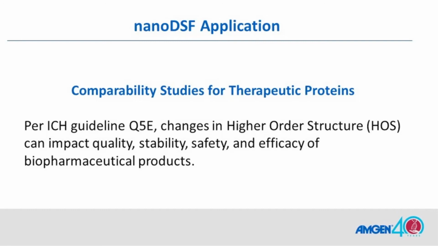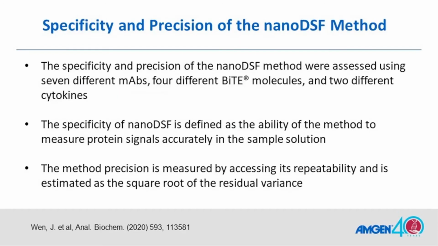Per ICH guideline Q5E, changes in higher order structure can impact quality, stability, safety, and efficacy of biopharmaceutical products. We used 7 different mAbs, 4 different fusion molecules, and 2 different cytokines to study the specificity and the precision of the nanoDSF method.